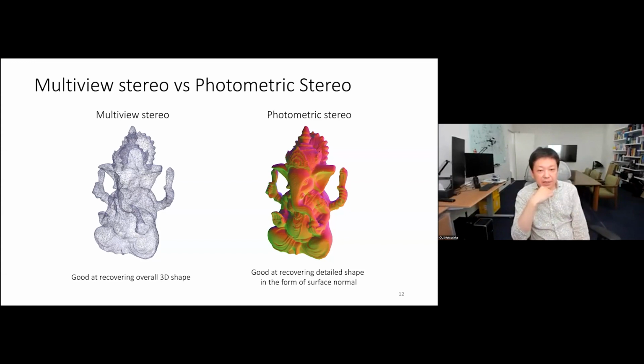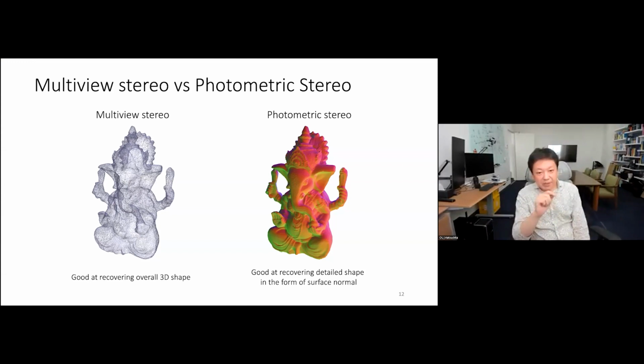Now we have seen two distinct approaches to 3D shape recovery. They have strengths and weaknesses. The multi-view stereo approach is good at recovering the overall 3D shape, while the recovered shape may be a little bit coarse.